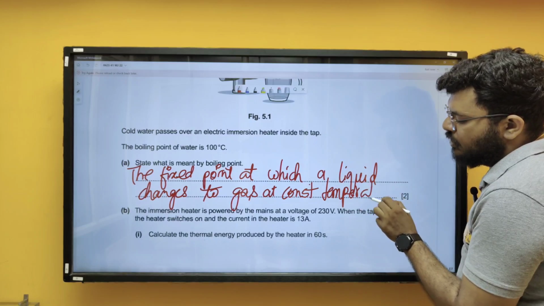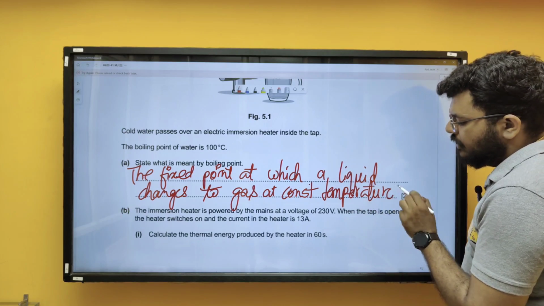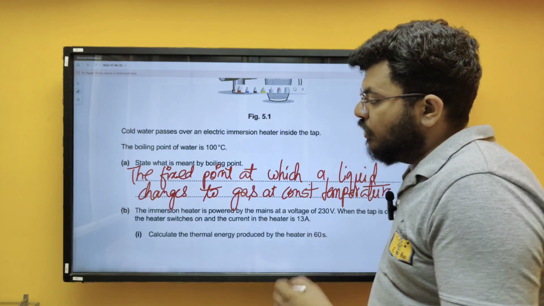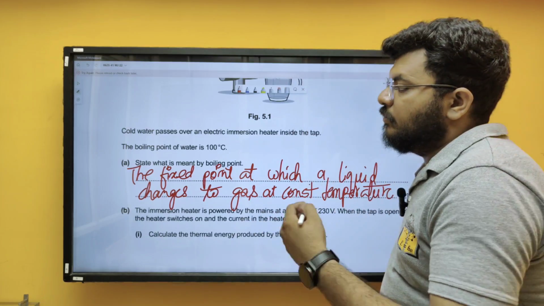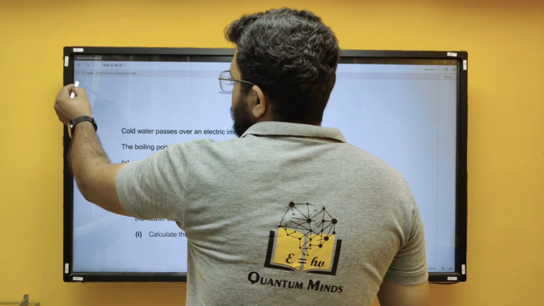Unless all of the liquid is boiled, if it is a pure substance, the temperature will not change.